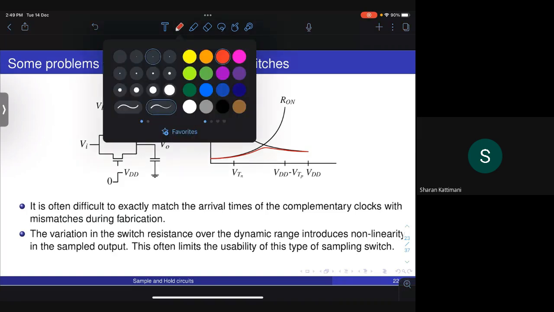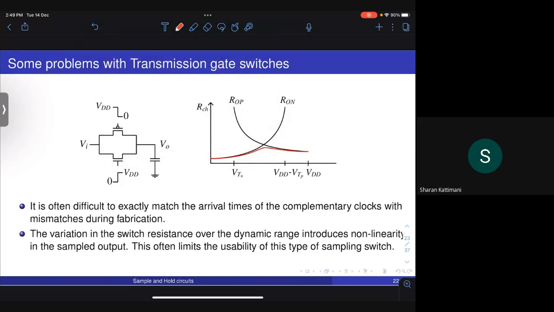Okay, so if you see this, the resistance is not constant. It actually goes to a maximum value from here to here, right?